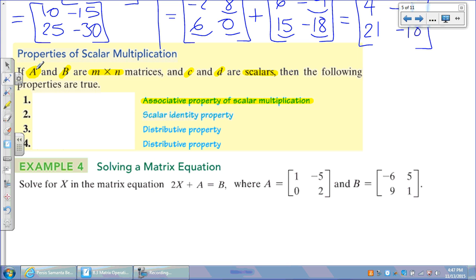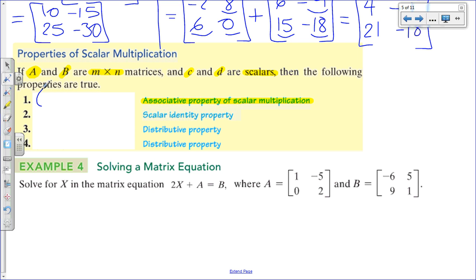And so that tells me that if we have two scalars, C and D, two numbers multiplying each other, and then multiply by a matrix, you can multiply the numbers first and then multiply those two numbers times the matrix. Or you could do the following.